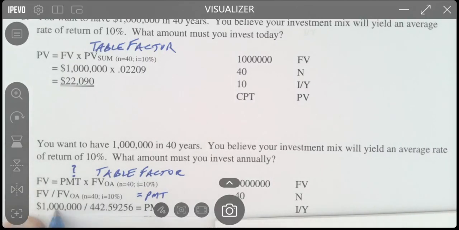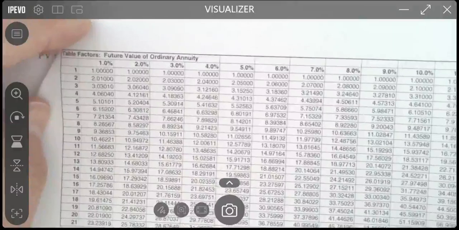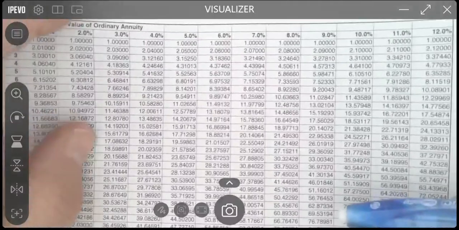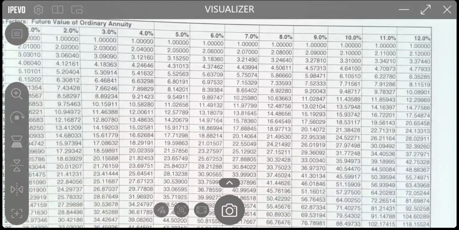So future value is 1 million. The future value of an ordinary annuity table factor, well, we need to look that up, don't we? Right, so let's go and find our future value of an ordinary annuity table. And once again, we'll go to the third to the last column.